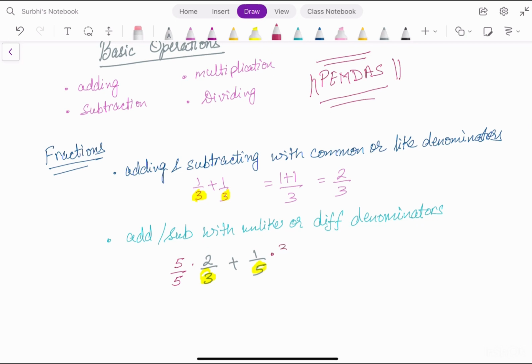We can multiply the first fraction, numerator and denominator, by 5 and the second fraction, numerator and denominator, by 3. Whatever operation you perform on the numerator, you have to perform the same on the denominator. With this, you get the same common denominator. Now this problem can be solved the way we solved the previous problem. 10 plus 3 is 13, so 13 over 15 will be your final answer.